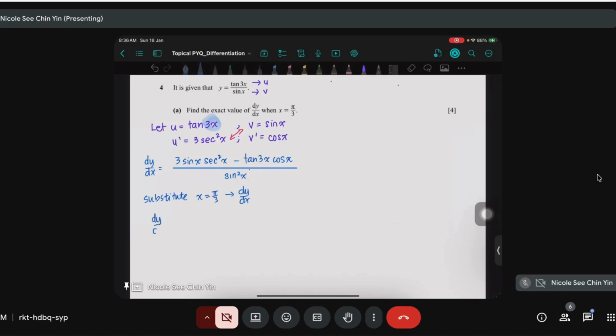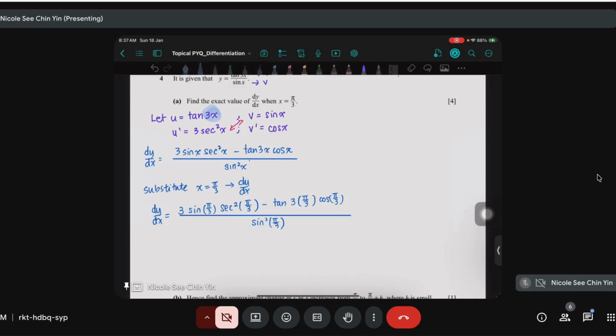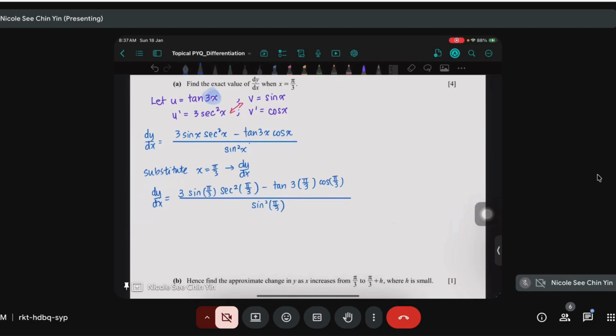So dy dx, I will get 3 sine pi over 3 sec square pi over 3, minus tangent 3 pi over 3 cos pi over 3, over sine square pi over 3. They want it in exact value, so we continue to work on it.